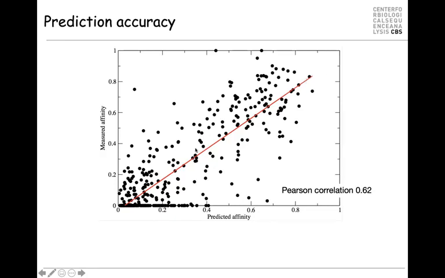Hopefully we get a very good alignment, so you get a scatter plot where you can see a tendency: a high prediction score corresponds to a strong binding value, and a low prediction score corresponds to a poor binder, right? You can quantify how well these points associate by, for instance, the Pearson's correlation coefficient. And in this case, you get 0.62, which is not perfect, but also clearly not random.